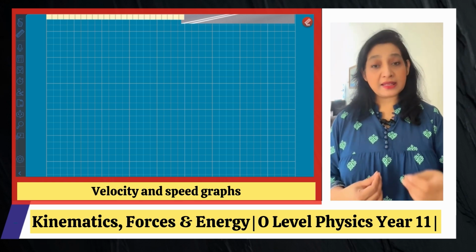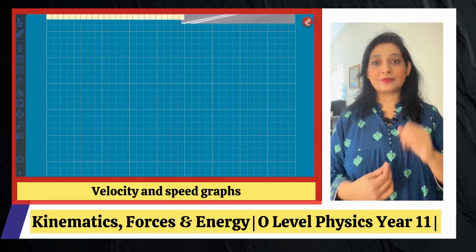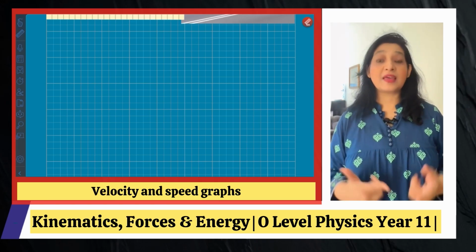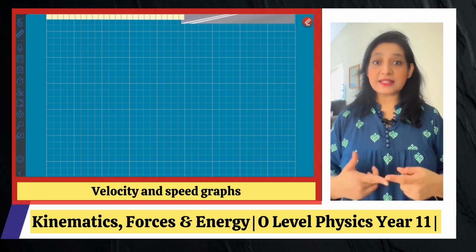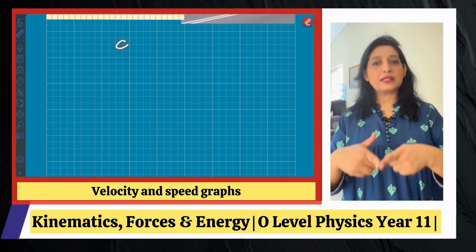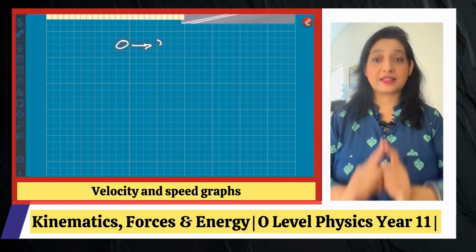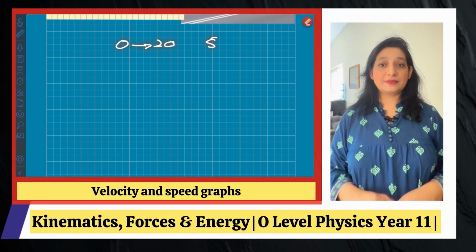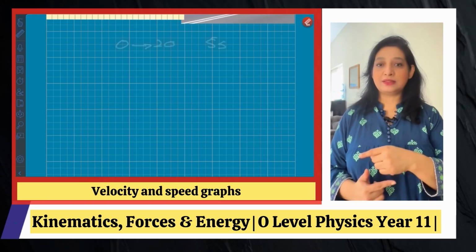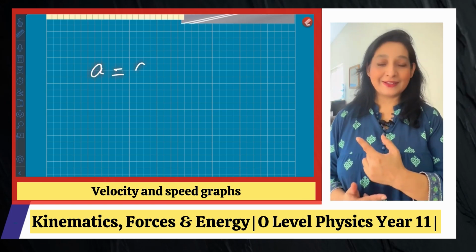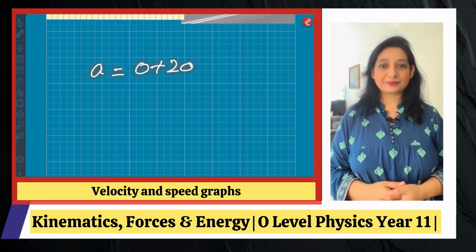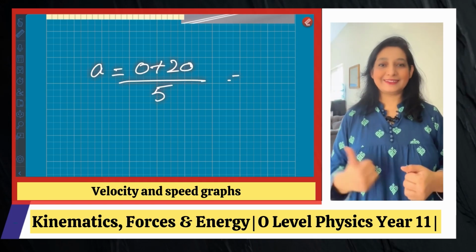Area under the line is equal to the displacement. For example, if velocity increases from 0 to 20 meters per second in 5 seconds, then I am showing the mathematical terms here on the screen. Look at that.